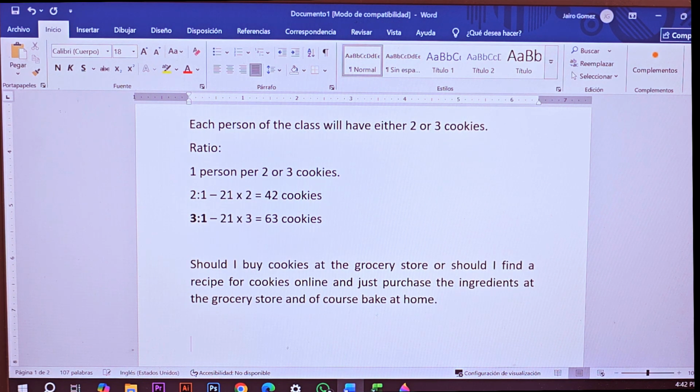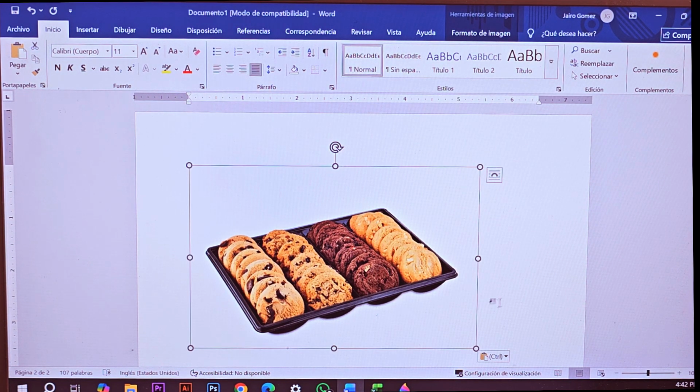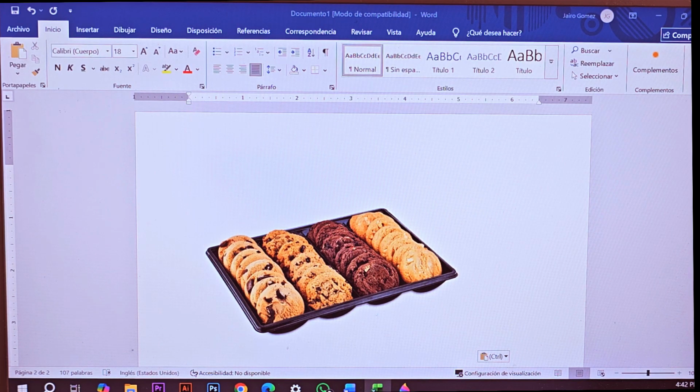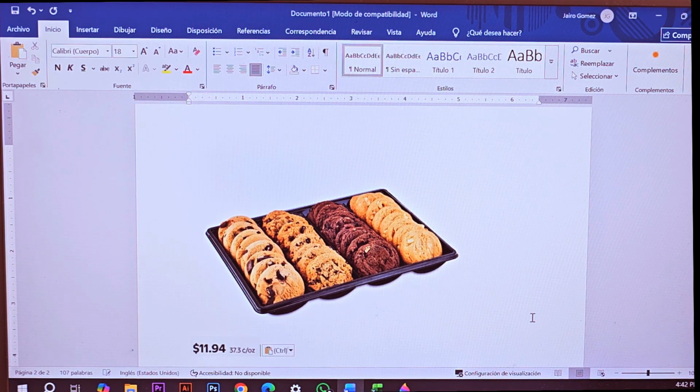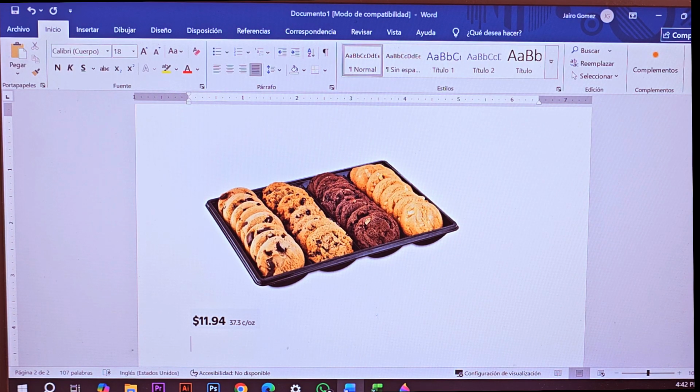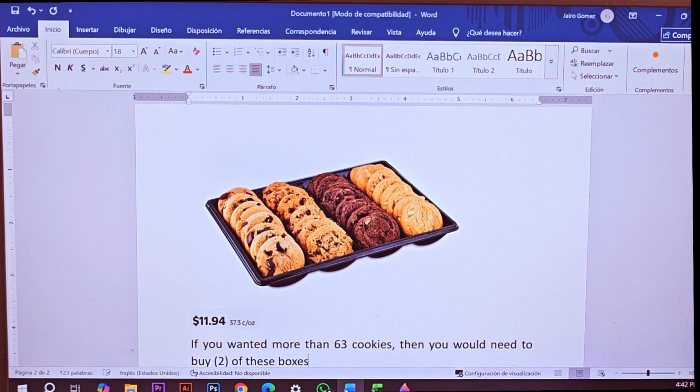So you went online and you found a box of 32 cookies, and these cookies were worth a total of $11.94. So rounding it up, if you wanted more than 63 cookies, then you would need to buy 2 of these boxes and you would have a total of 64 cookies.